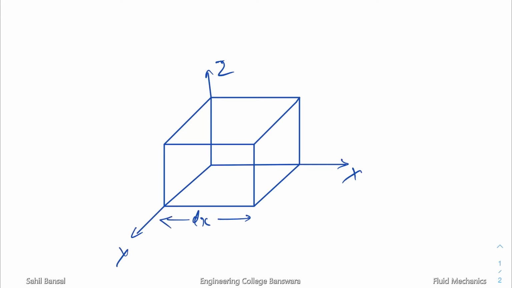Similarly, this one will be dz, and this length will be dy. And what's the velocity of my fluid? Let's say in the x direction it's u, in the y direction it's v, and in the z direction it's w.